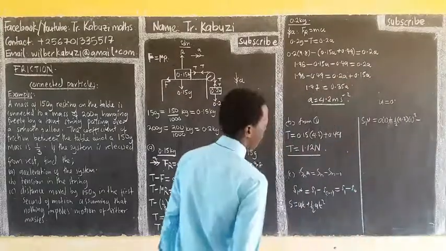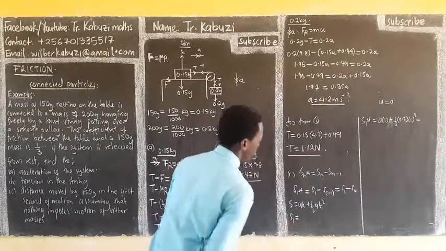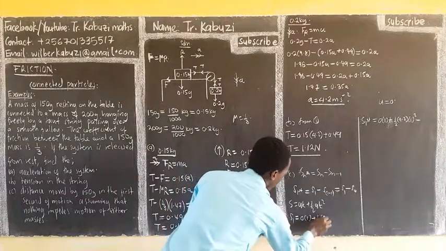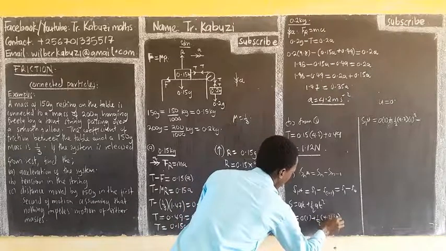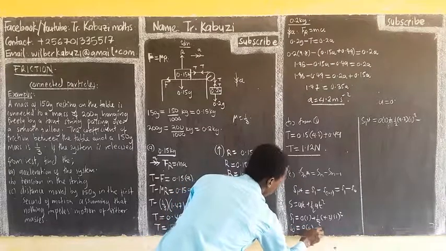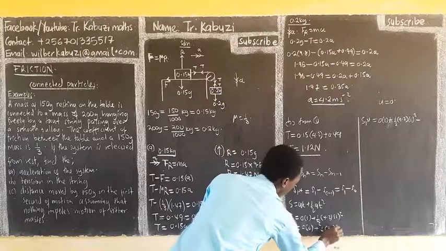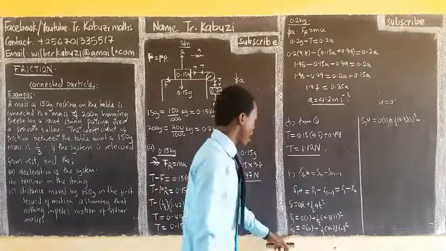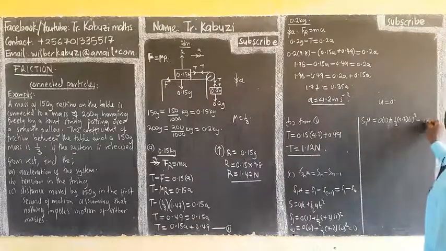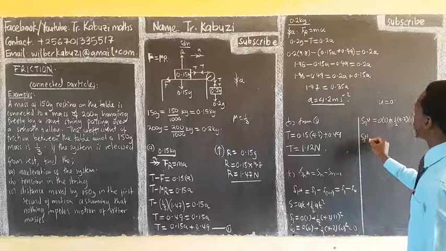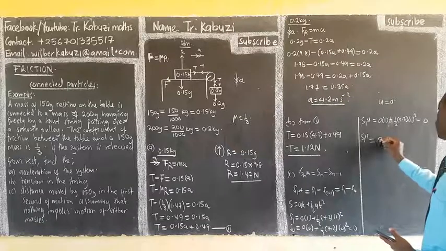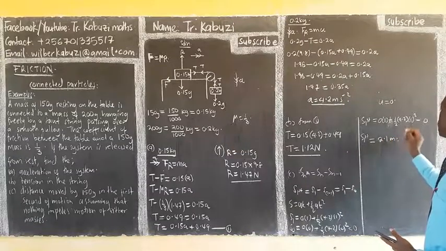So S1 here is going to be 0 into 1 plus a half into 4.2, 1 squared. Then our S of 0 is 0 into 0 plus a half of 4.2 into 0, because here our time is 0. So that will be 0. So our distance in the first second is going to be half of 4.2, which is 2.1 meters.